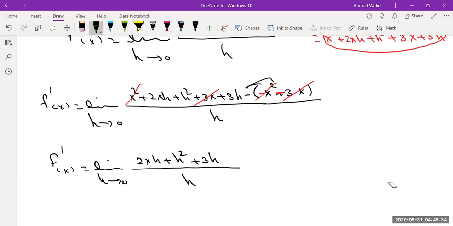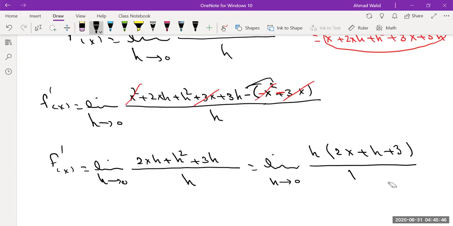Factor out h. If I take h as a common factor, I will end up with 2x plus h plus 3, right, over h. H cancels out with h.